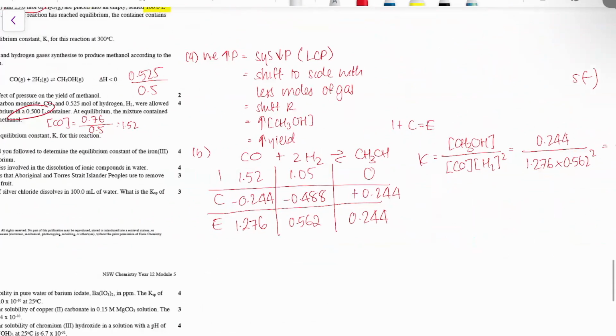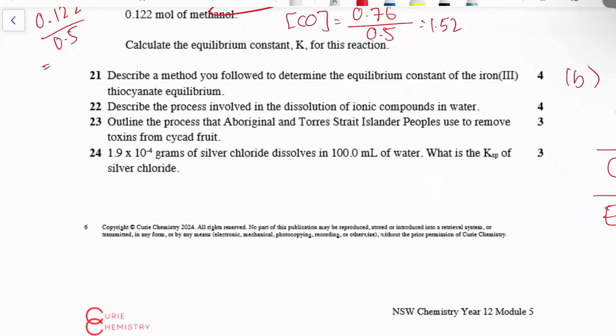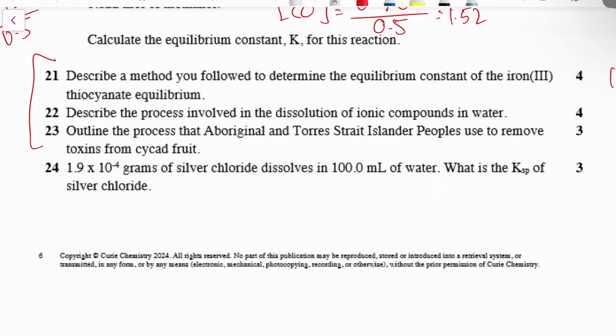No? Okay. Now, question 21. Questions 21, 22, 23 have been put in there so that you are aware of it from the syllabus. These ones I'll direct you to go back to the notes for the lesson recording for. 21 is the experiment you did in class to figure out the equilibrium constant using a colorimeter. Question 22 is dissolving ionic compounds.